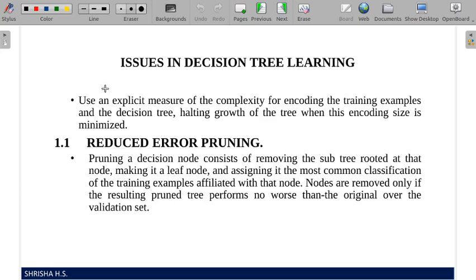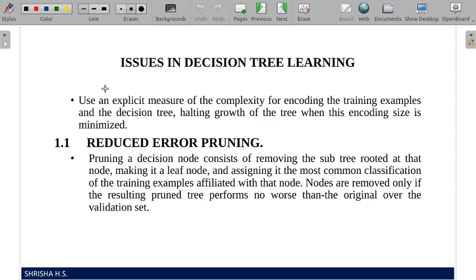So remove one node, we remove one sub branch for example. Okay, so then test the tree. If it performs well, keep the same tree because it's performing well. The performance should be at least the same, if not better. Okay, at least the same. So if it does not perform well, if the accuracy decreases, then reject that removal of the node and keep the tree as it is.